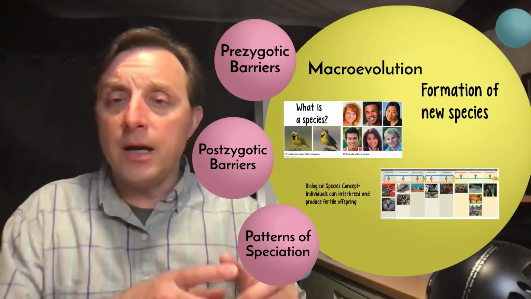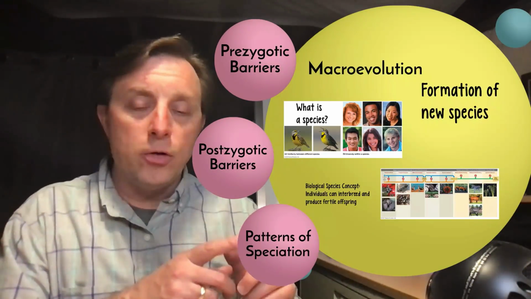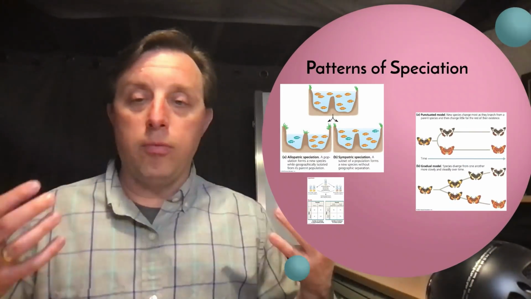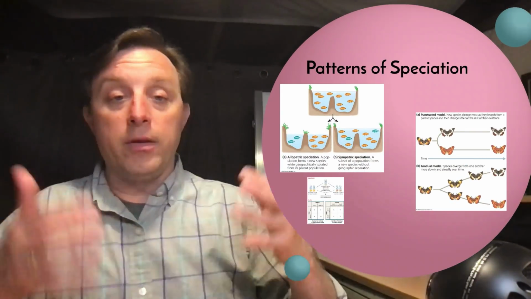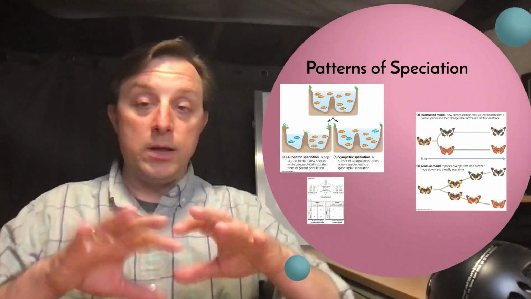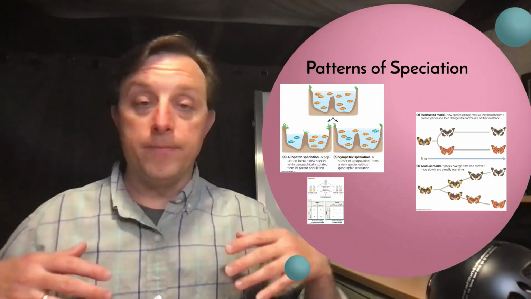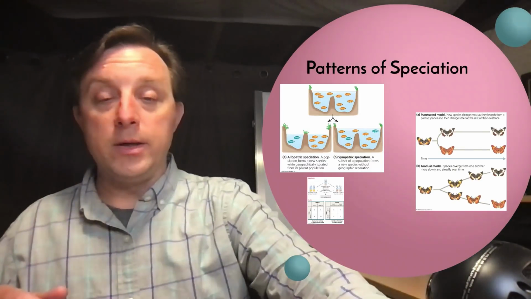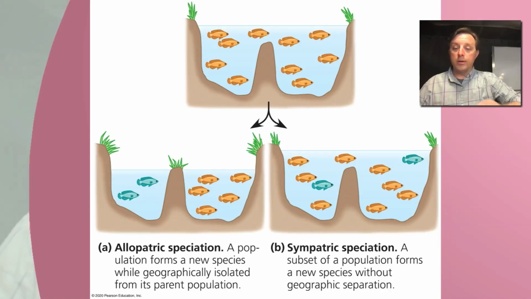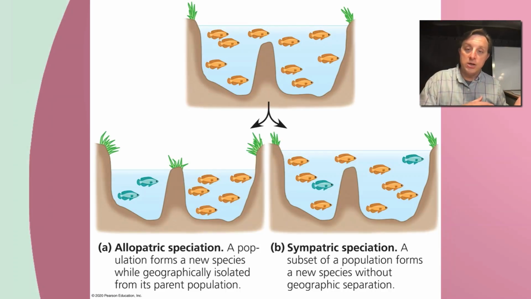Okay, and the last thing I want to talk about here is some real quick patterns of speciation. One of the main things I'm going to talk about here is the geographical relationship between the two populations that are diverging. We call this either allopatric or sympatric speciation.